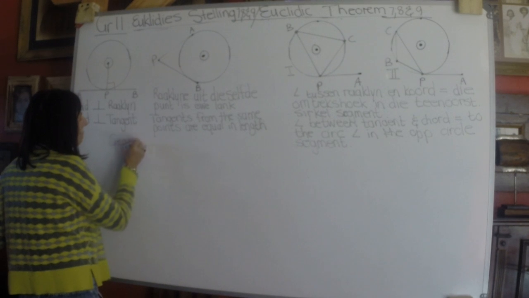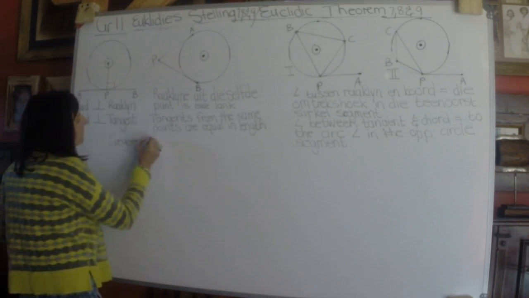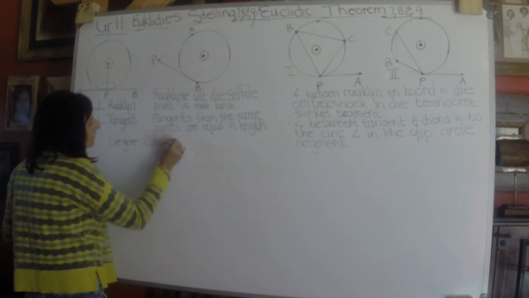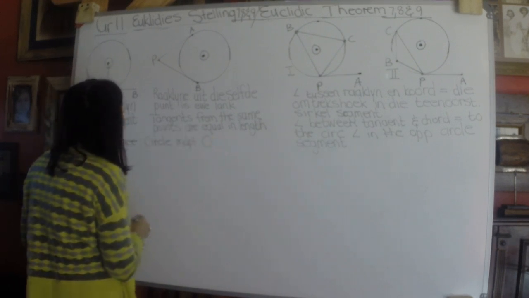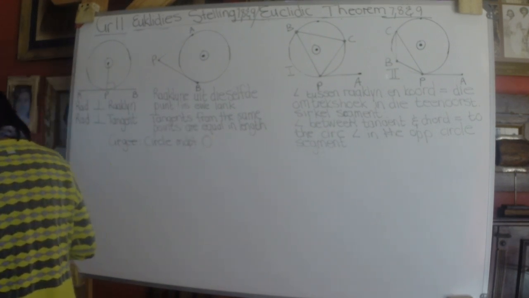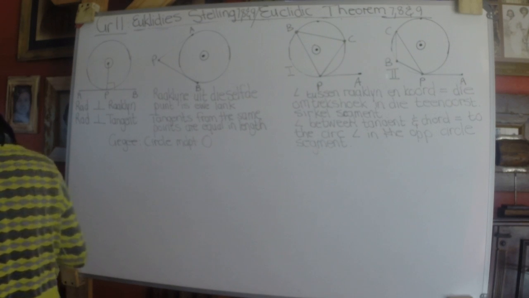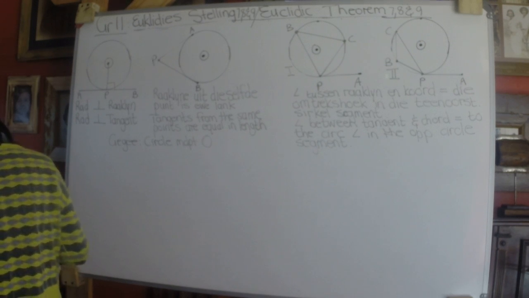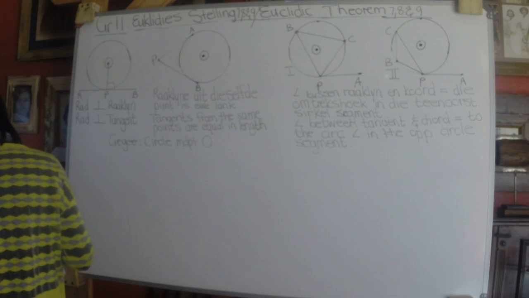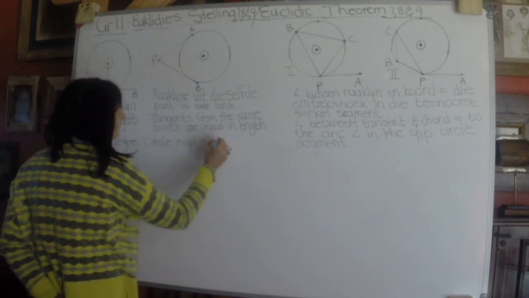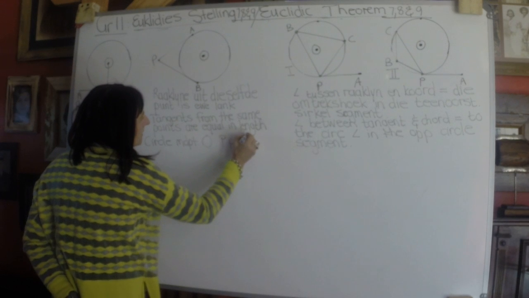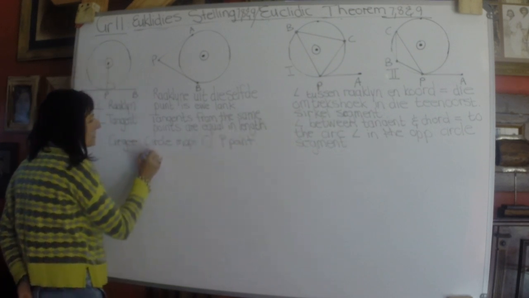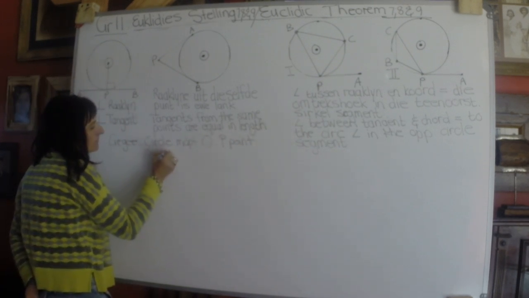What's given? Circle with midpoint O. And then we've got P is a point outside the circle.